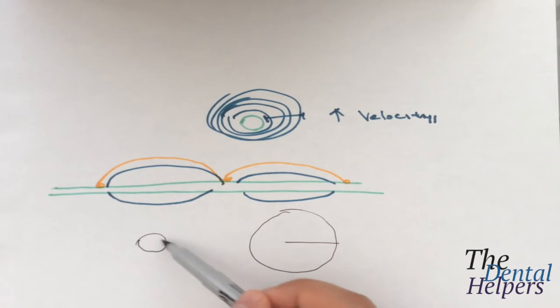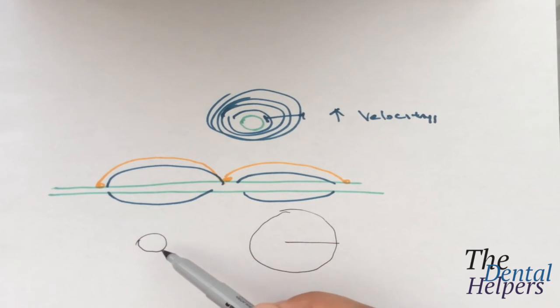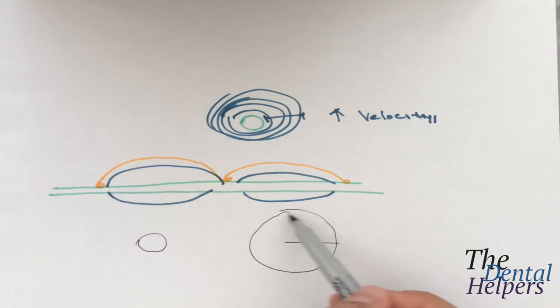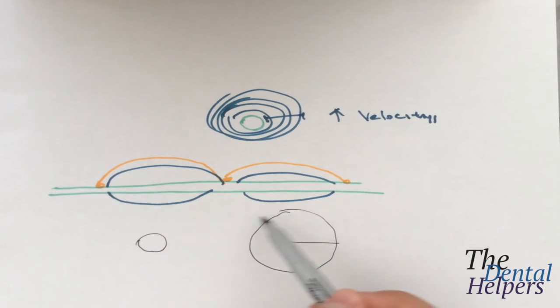So if we have a really small pipe, it may seem that the water is moving fast, but the amount of water that's passing is not that much. Same thing happens with this. If we have a larger diameter, it's going to allow for greater transmission, or more information to pass through. So it's increased velocity because we have a larger diameter.